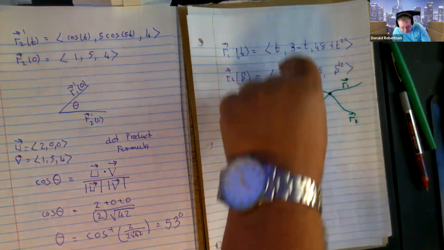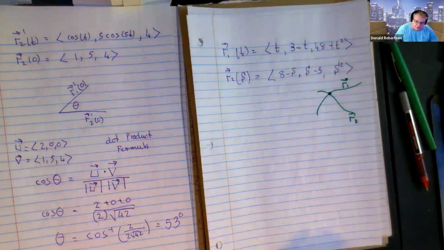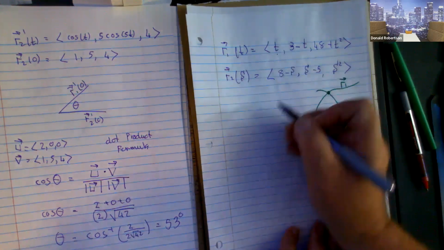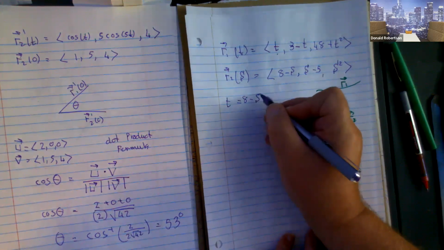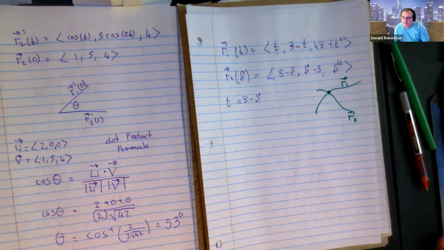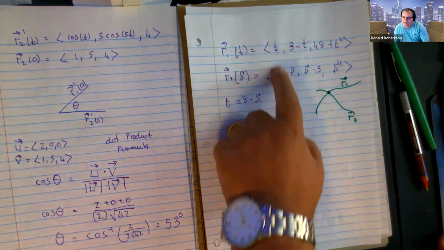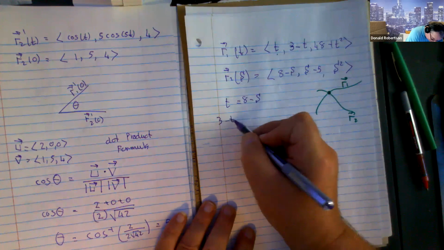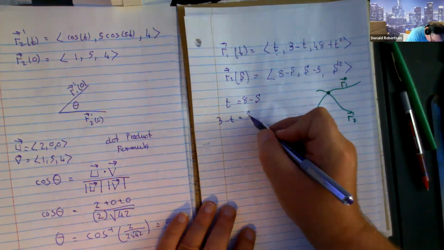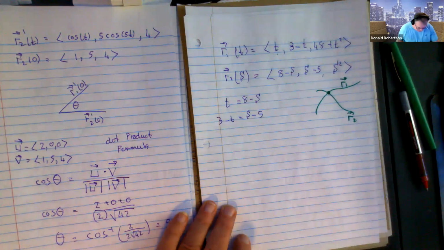So if you have two curves and you want to know where they intersect, if you match the x's, you get that, agreed? This x equals that. If you then match the y coordinates, this equals that.